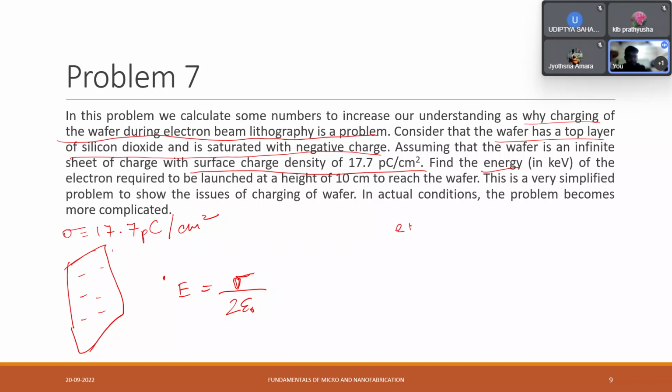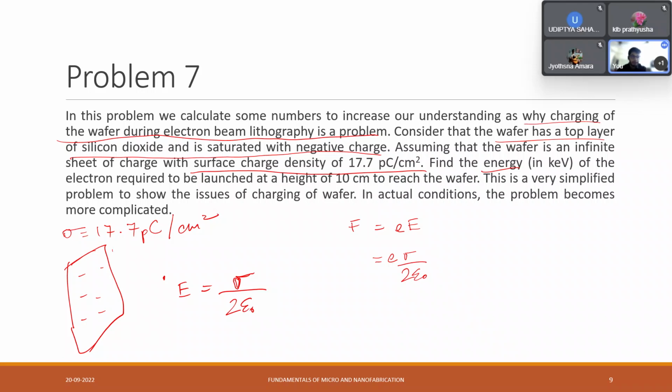Essentially it is the charge of the electron multiplied with the electric field. This is the force that the electron is facing. The electron charge is a known quantity, and you write the electric field as sigma by 2 epsilon naught, and epsilon naught is also a constant.